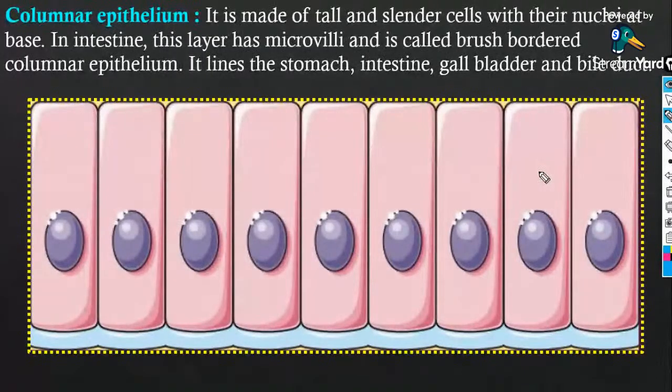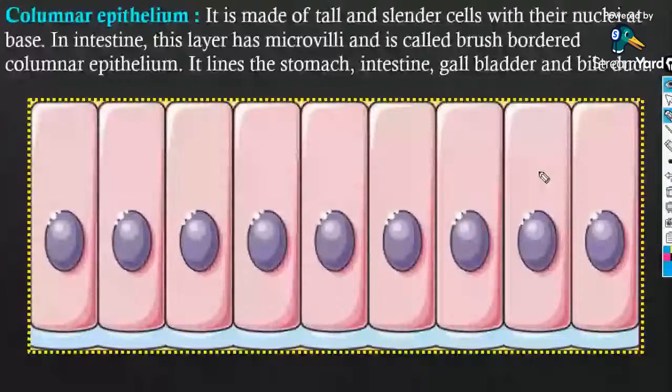Second, the cuboidal epithelium, flat cube-like cells associated with the function of secretion and absorption. They are found in the ducts of glands and the PCT of the nephron. And what is columnar epithelium? They are tall, slender cells with their nuclei at the base.